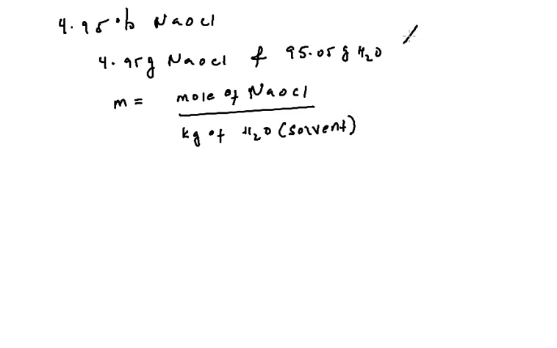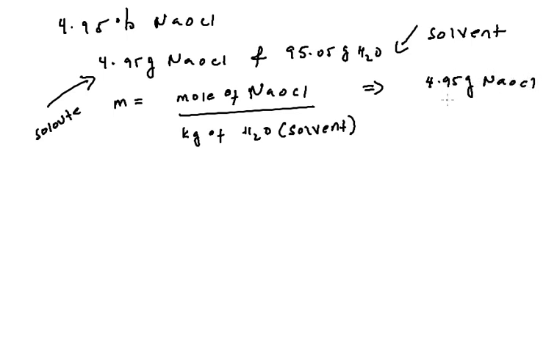Notice that water is your solvent because it is in a higher quantity, and this one is your solute. The moles of sodium hypochlorite can be calculated by dividing 4.95 grams of sodium hypochlorite by the molar mass of sodium hypochlorite, which is 74.5 grams.